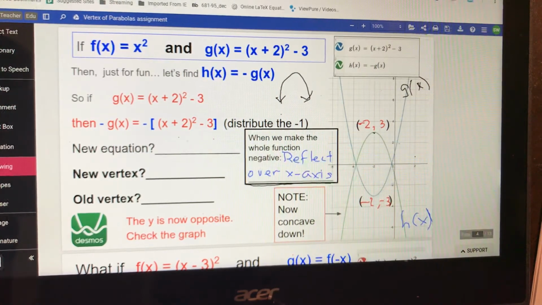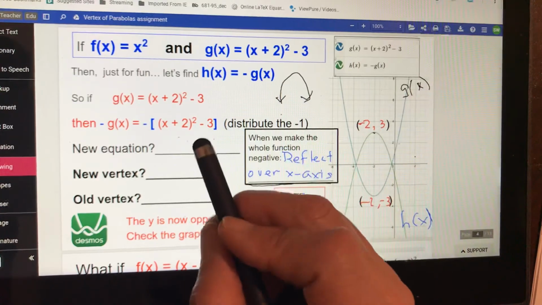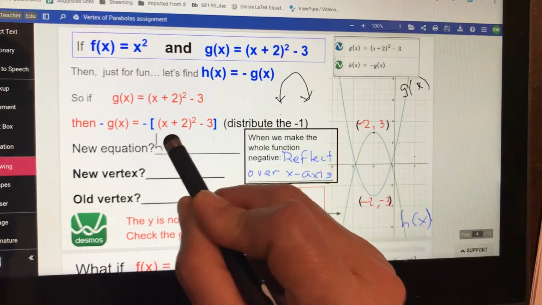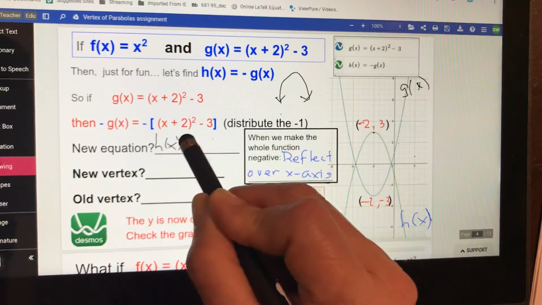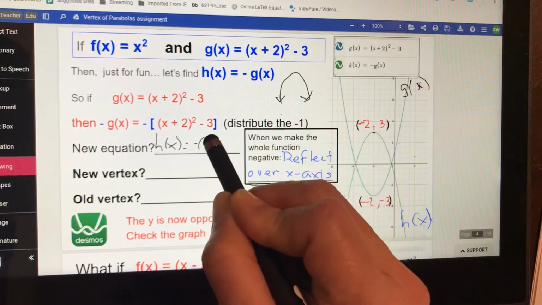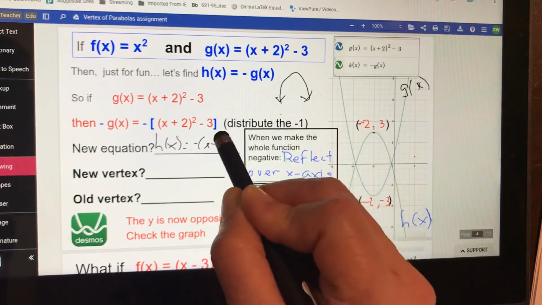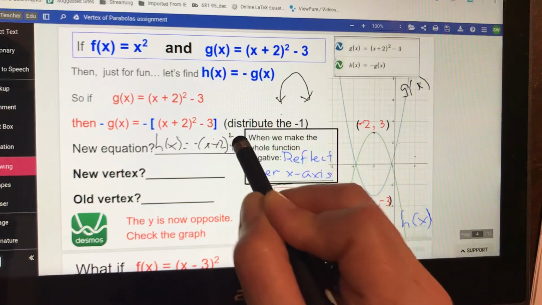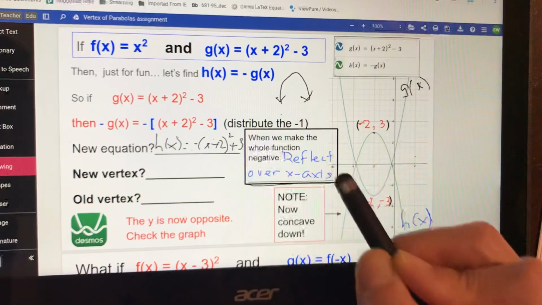So our new function, h of x, would be negative x plus 2 squared, and instead of -3, it would actually be +3.